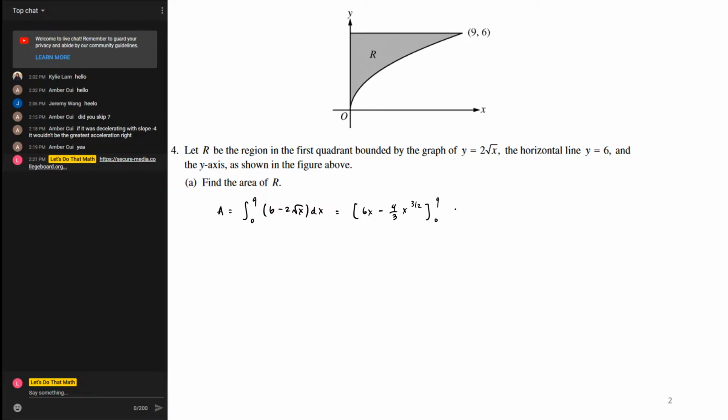So all I have to do is plug in 9. That's 6 times 9 minus 4/3 times the square root of 9 to the 3rd power. That's the 3/2 power, right? That's 54 minus 4/3 times 27, because 3 to the 3rd power is 27, so that's 36. 54 minus 36 is 18. The answer here is the area is 18.